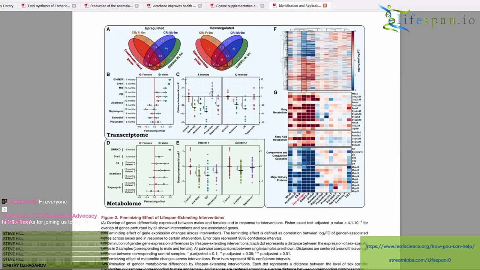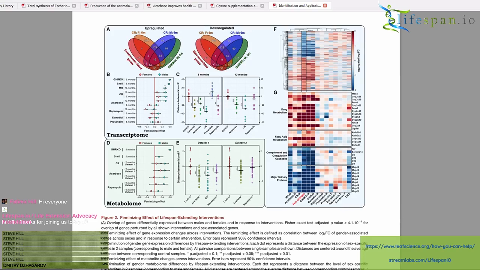So the expression of sex-specific genes in males becomes more female-like. And the same is true for diets, not only for caloric restriction, but also for methionine restriction. And interestingly, the feminizing effect occurred not only in males, but also in females. So they became more female-like, even though they are already females.